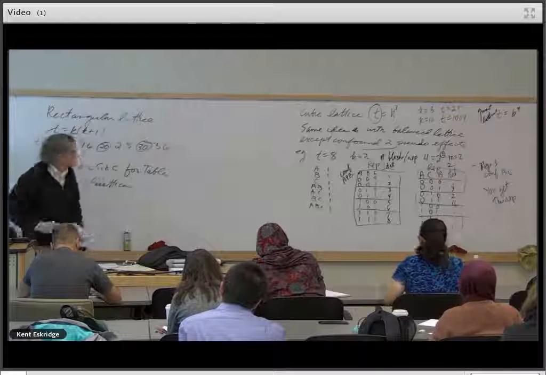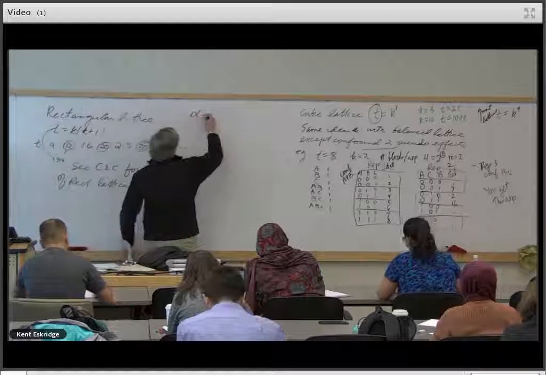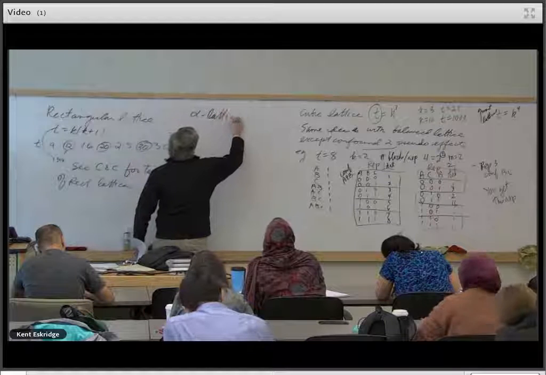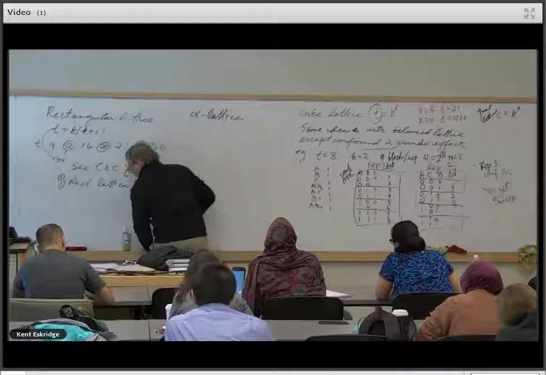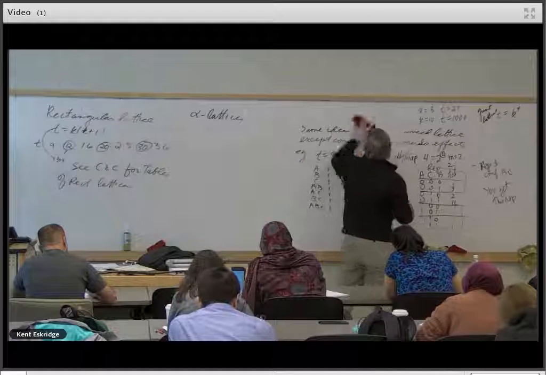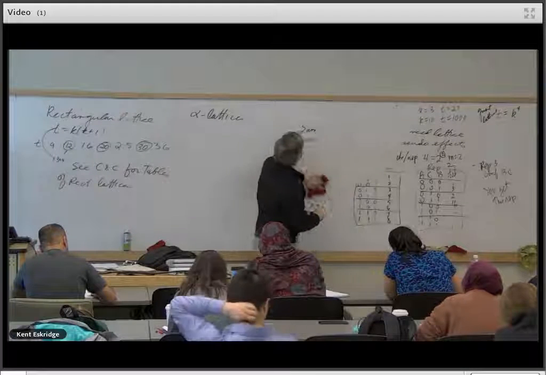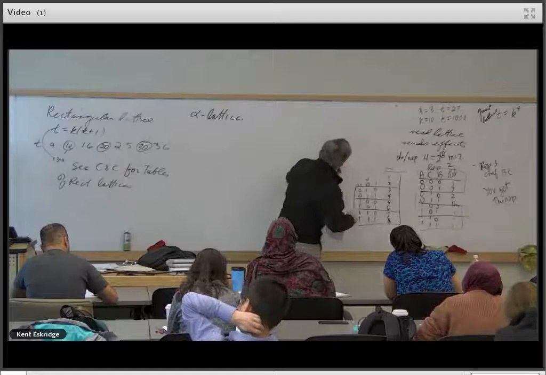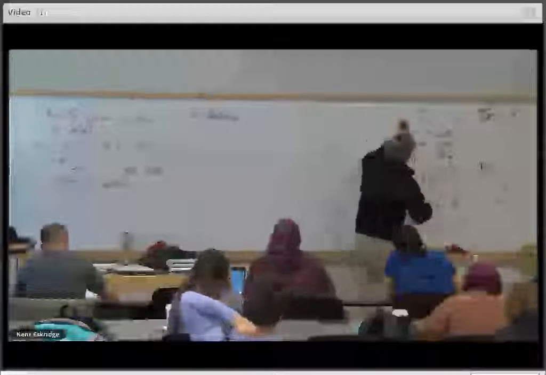Okay, so alpha lattices. They're even more flexible than the rectangular lattices. And again, the idea is you can look at a lot of treatments with pretty small block size.